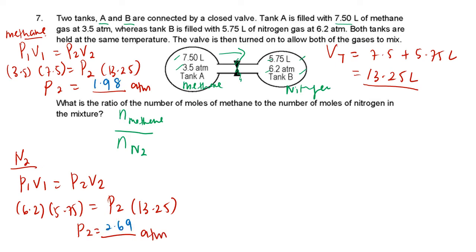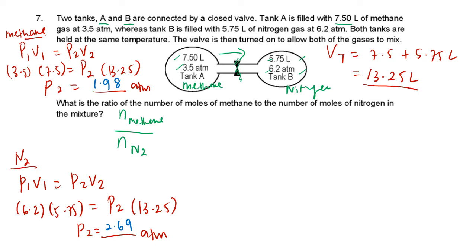So this one is atm, and this is also in atm. The value for P2 for methane is 1.98 atm, and for nitrogen gas, the P2 is 2.69 atm. Next, we need to find the ratio, because the question asks for the ratio. So we relate the partial pressure of methane and nitrogen with the number of moles.